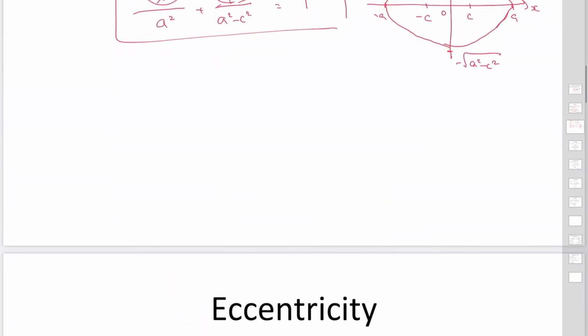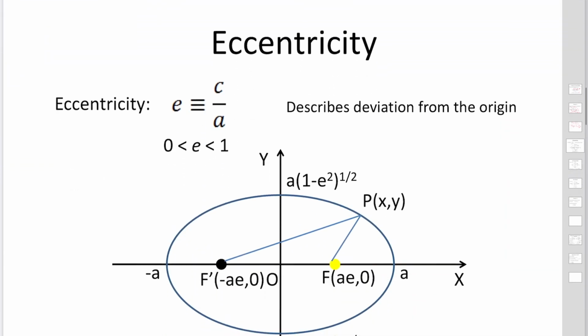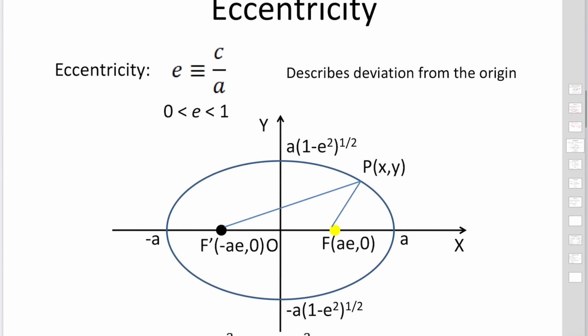Then instead of using c, maybe it's better to use eccentricity. Eccentricity is defined using this equation: e equals c over a. So instead of c, you can use ae, because from this equation, c equals ae.